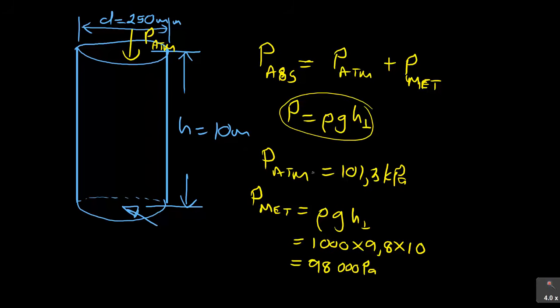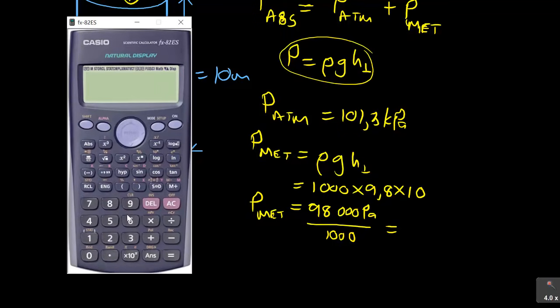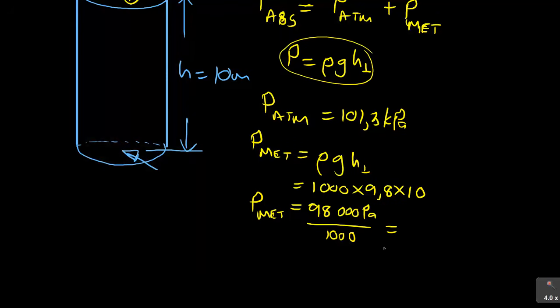But our atmospheric pressure is given in kilopascals. It's up to you whether you change everything to pascals or kilopascals, but the best thing is to convert everything to kilopascals. So our P met is equal to 98,000 divided by 1,000. That will convert everything to kilopascals, and you can see it is 98 kPa.